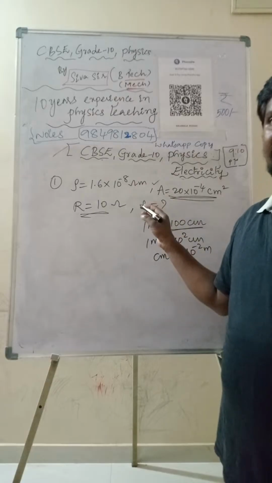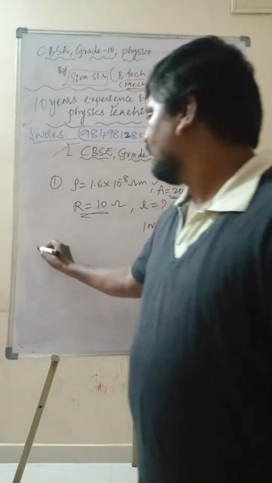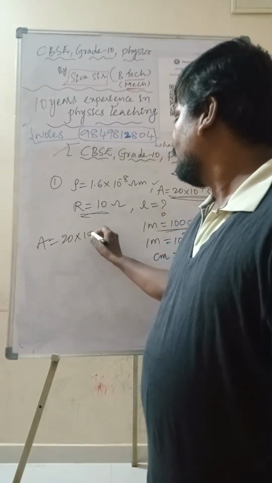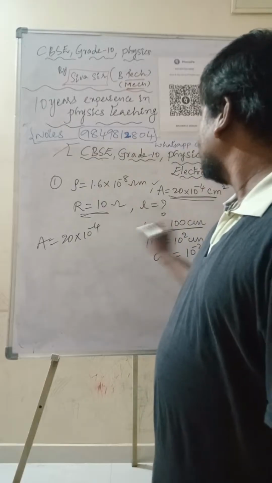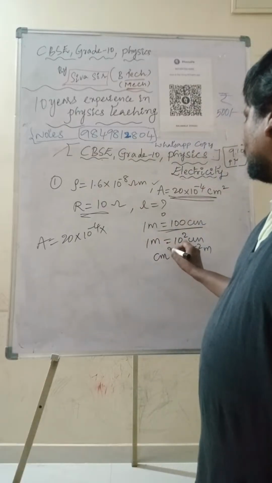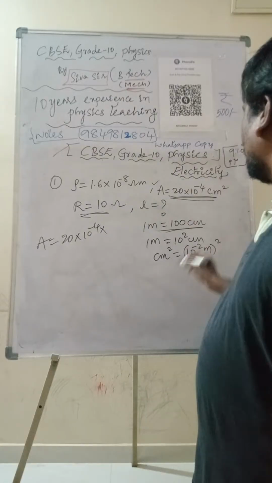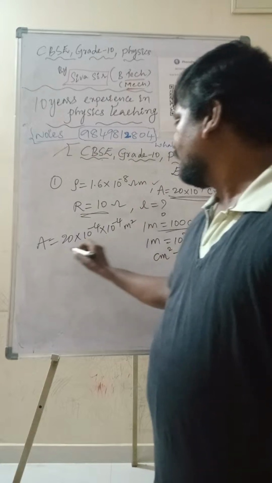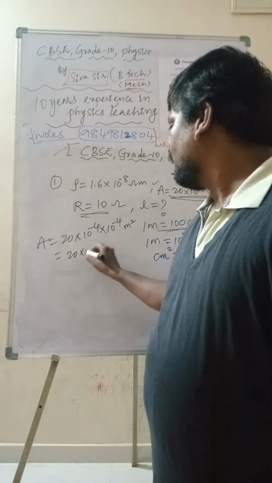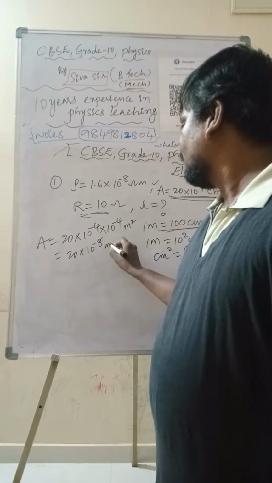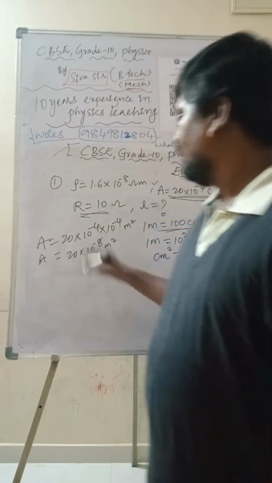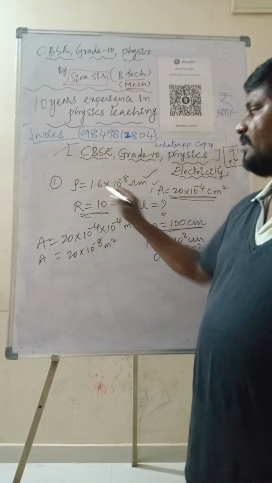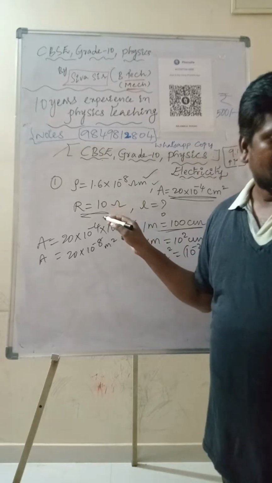Area is given as 20 into 10 power minus 4 centimeter square. Since it is square, the whole square becomes 10 power minus 4 meter square, and then you get 20 into 10 power minus 8 meter square. That is nothing but A. Resistivity is in ohm meter, resistance is in ohm. Okay, now you can take.